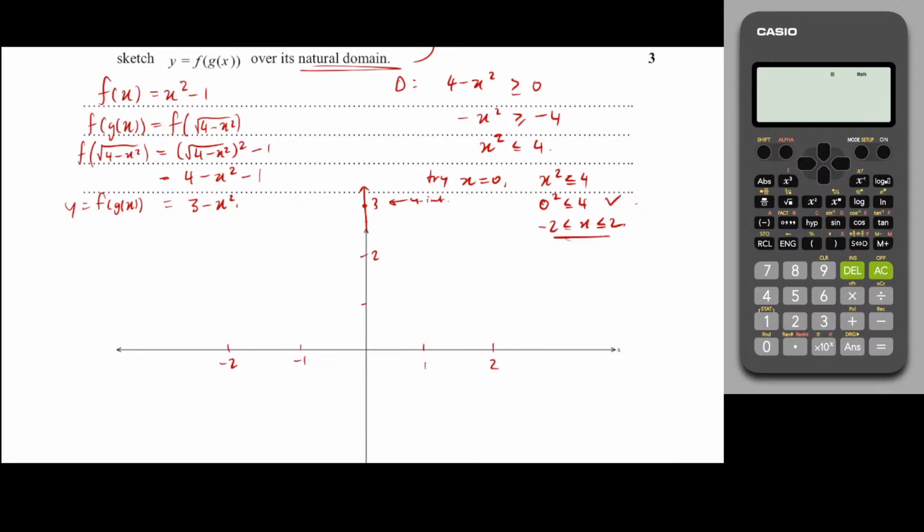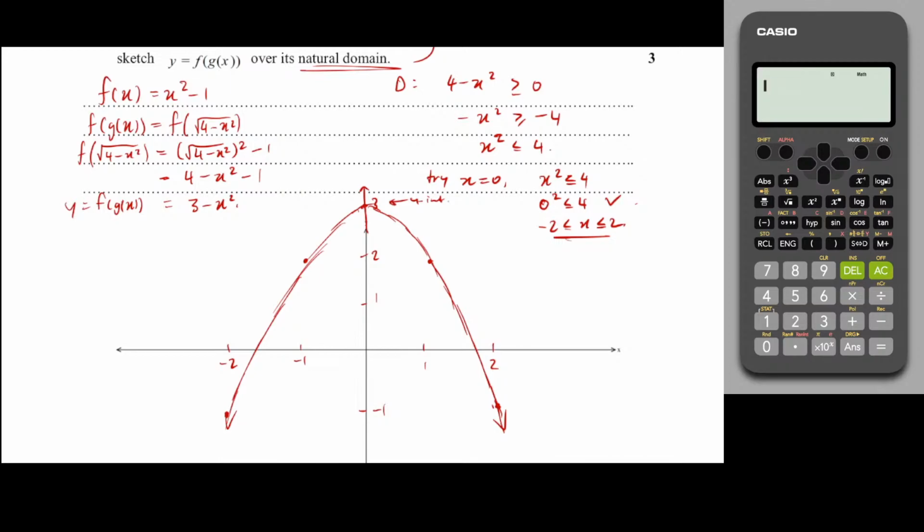So 1 across, 1 down, and then 1 across and 3 down, or 2 across and 4 down, if you will. So the function should look like this. Something like that.